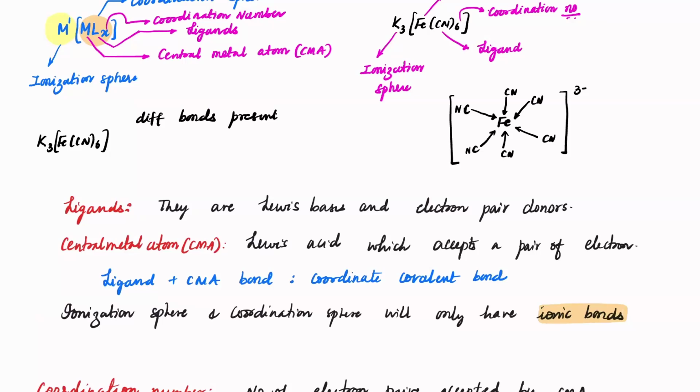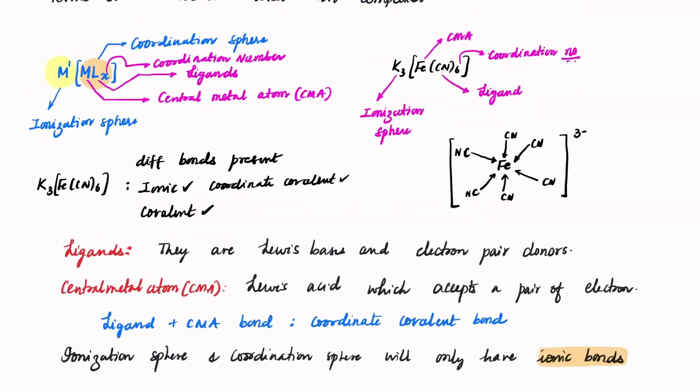We know that there is an ionic bond present, which is correct. There is a coordinate covalent bond present, which is also correct. Then there is a covalent bond present. That is also correct. Why? Between carbon and nitrogen, we have covalent bonds only. So therefore, we have ionic, covalent, and coordinate covalent bonds also. Clear? So I hope the basic terms are clear, everybody.